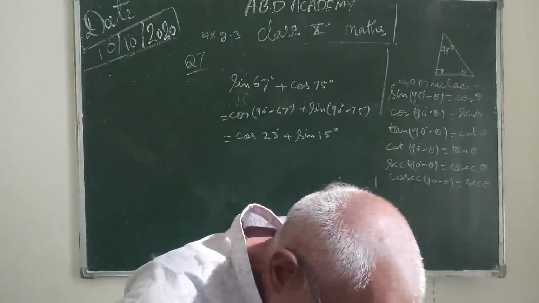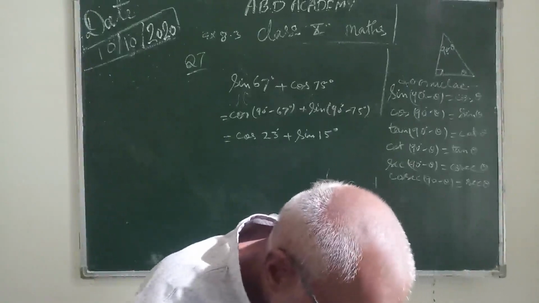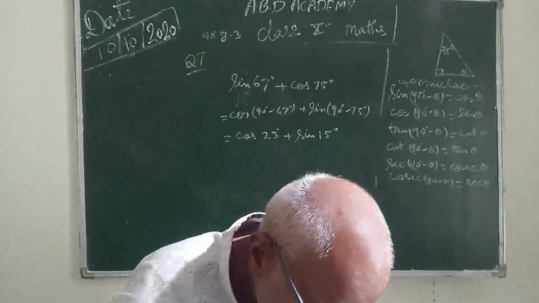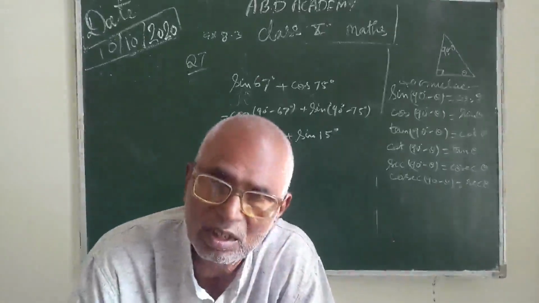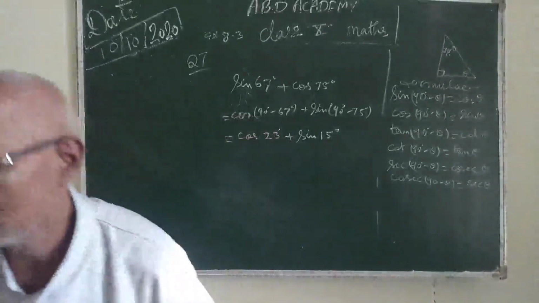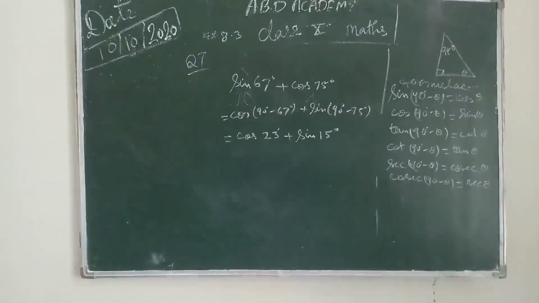Now one more exercise is there. Exercise 8.4, which is trigonometrical identities. Now exercise 8.4, last exercise of this chapter.